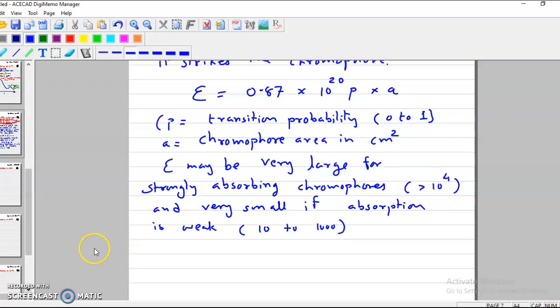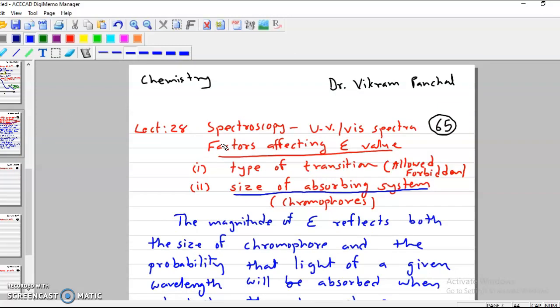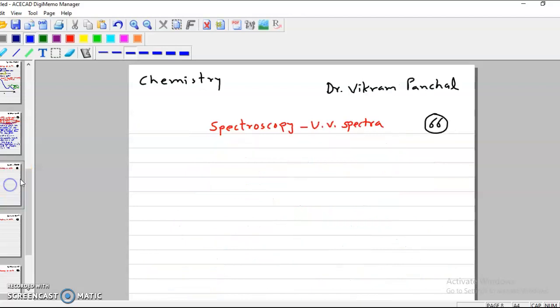Okay. There are certain chromophoric groups, and they have R bands as well as K bands. Let us discuss that with different examples.